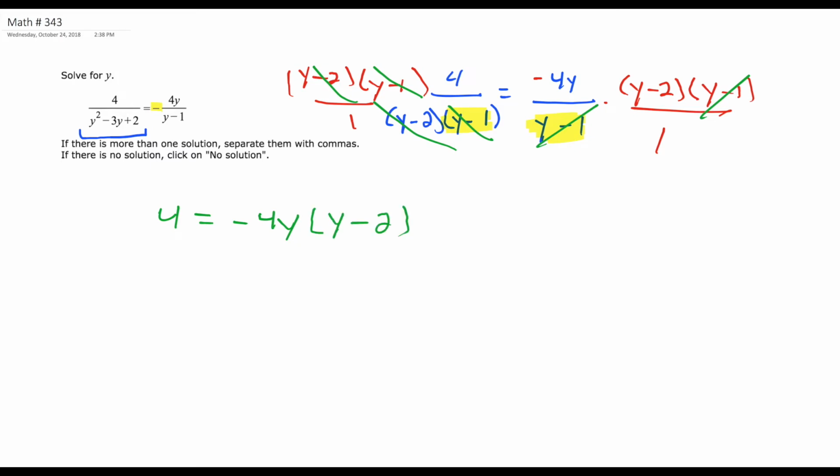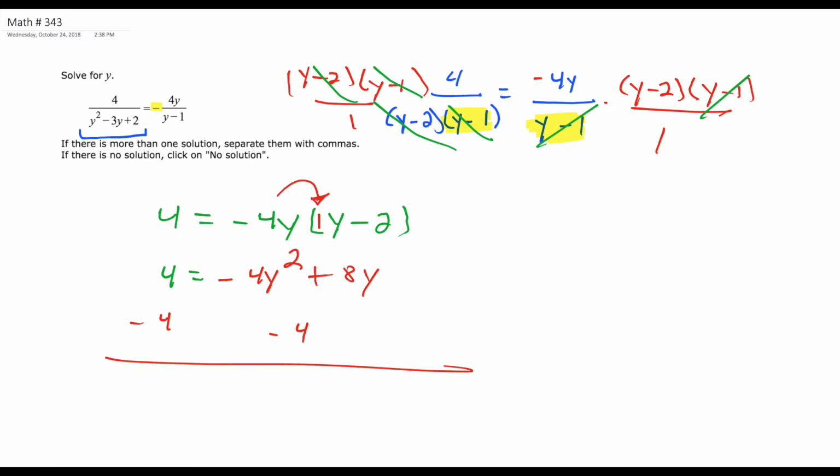Cool. Now what? So we have 4 equals, go ahead. Careful. There's an invisible one right here, and you're multiplying. Good. Negative 4y squared. Go ahead. Plus 8y. Now what? Okay. Minus 4. What are we left with?